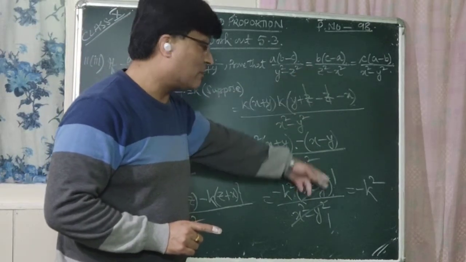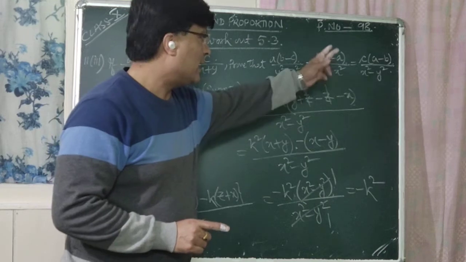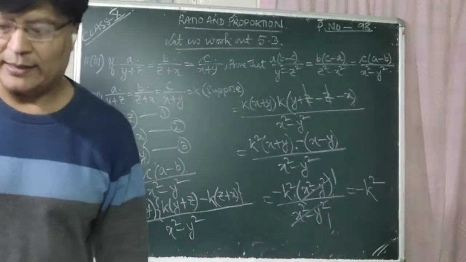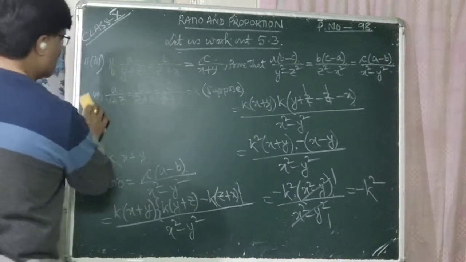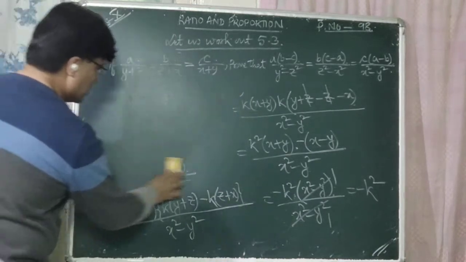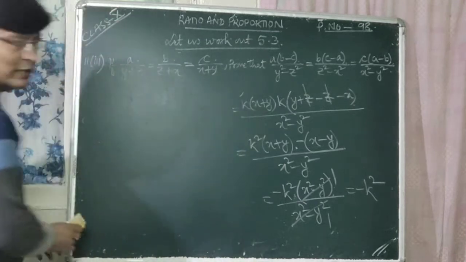Second ratio also minus k square was there, and third ratio is also minus k square. That means we have proved first ratio is equal to second ratio is equal to third ratio.